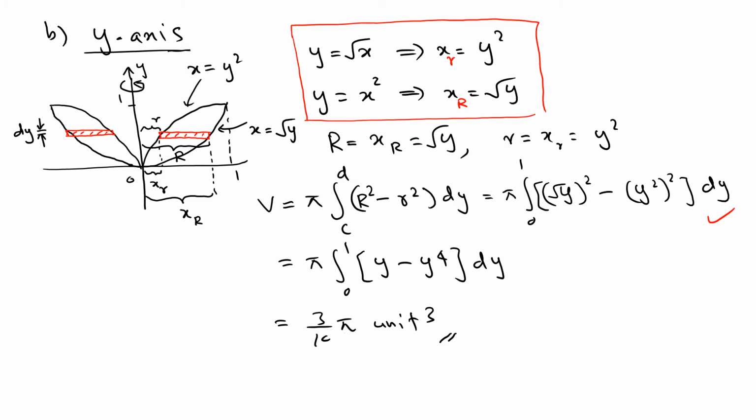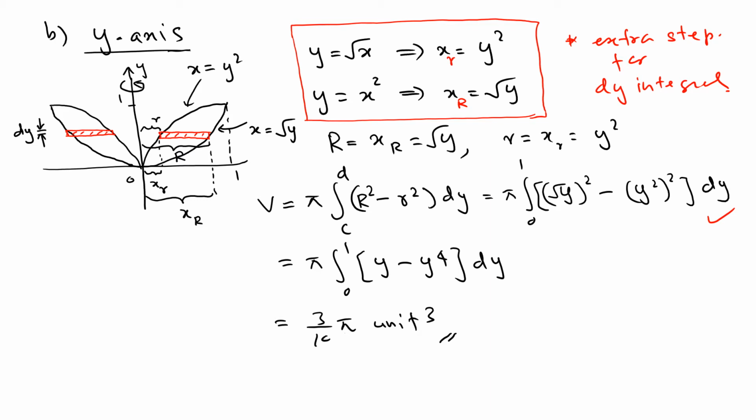So I'm going to put extra step for y integrals, for dy integrals. If you have a dy integral, when you do the washer or the disk method, you always need to solve for that. Okay, so that's about that.